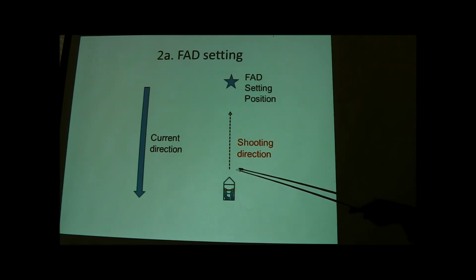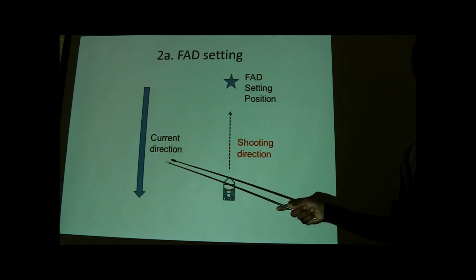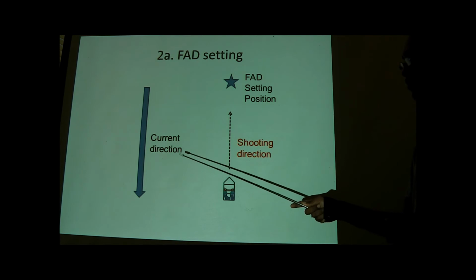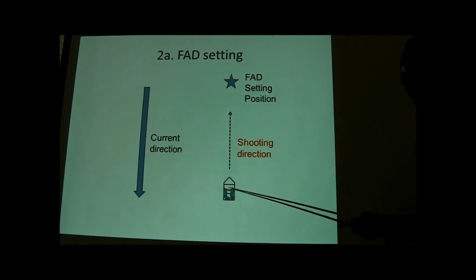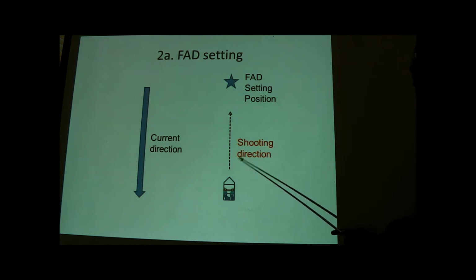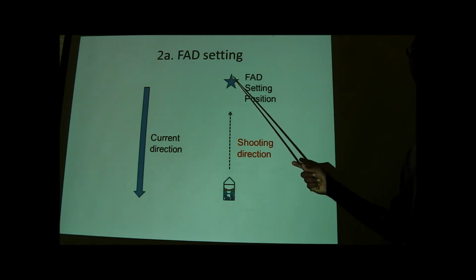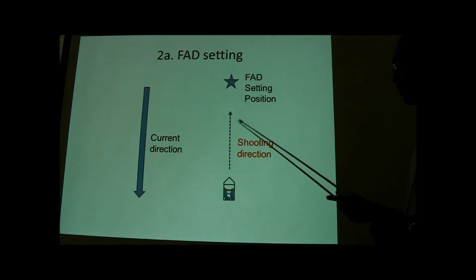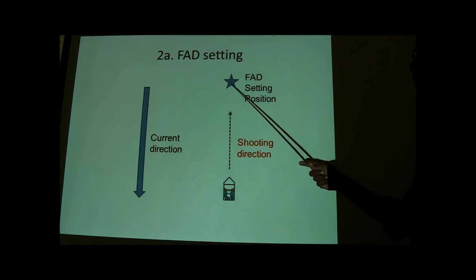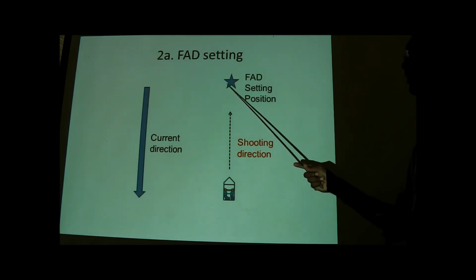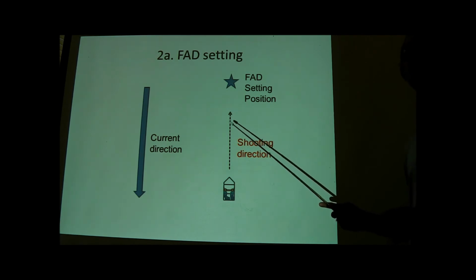Always the FAD is set against the current in all circumstances, and the FAD again is set towards our original FAD deployment area, the site which was selected. Fishers must take several things into consideration: how far away they go from the setting area based on the length of rope that they intend to deploy.